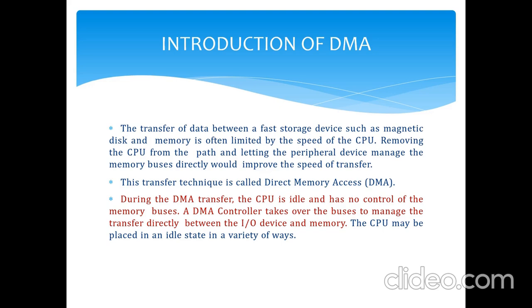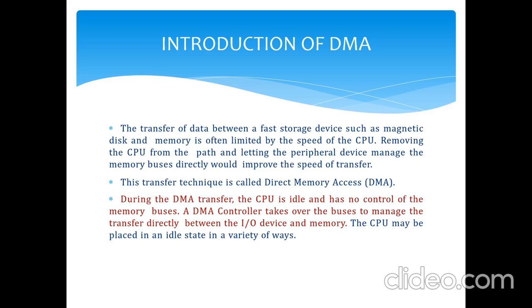Definition: the transfer of data between a fast storage device such as a magnetic disk and memory is often limited by the speed of the CPU. Removing the CPU from the path and letting the peripheral devices manage the memory buses directly would improve the speed of transfer. This transfer technique is called direct memory access.